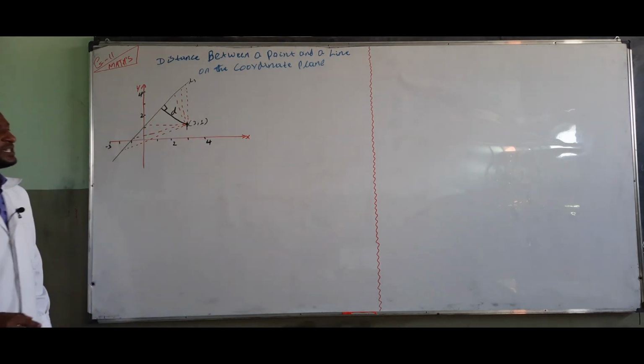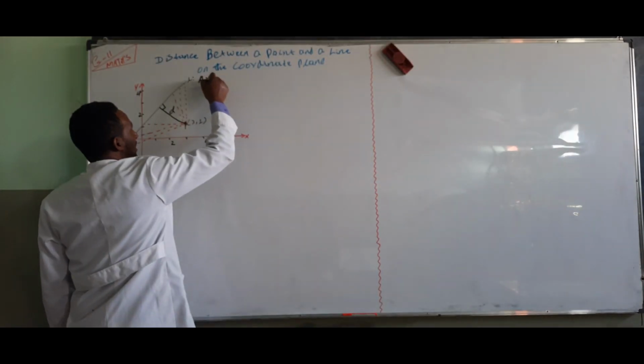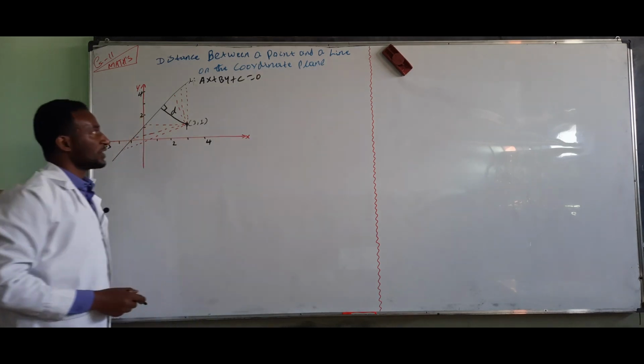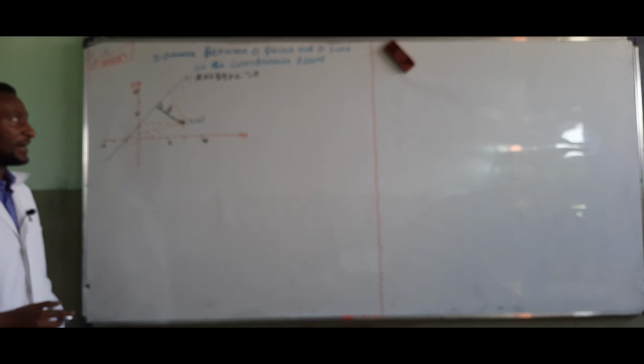This is d. The general equation of a line is given as ax plus by plus c is equal to 0. This is the general equation of a line.